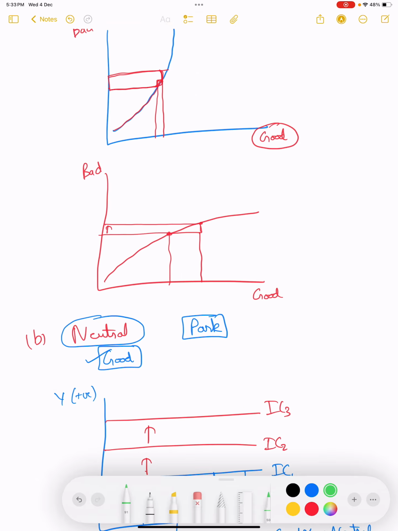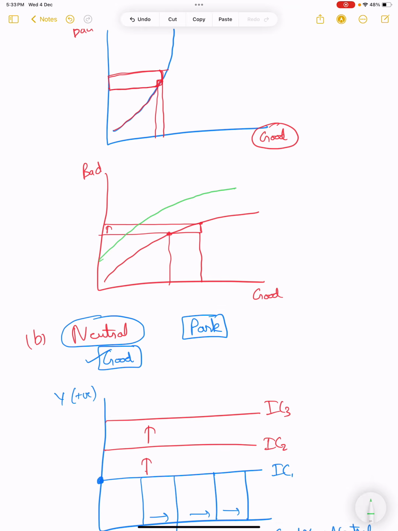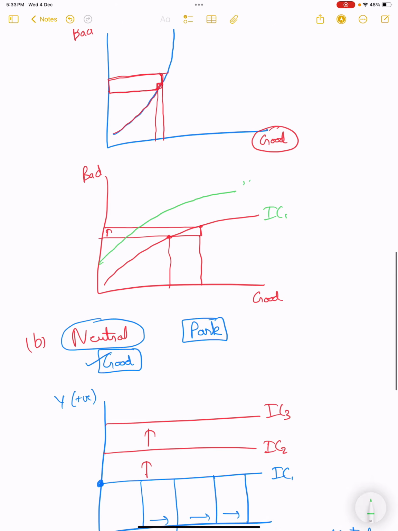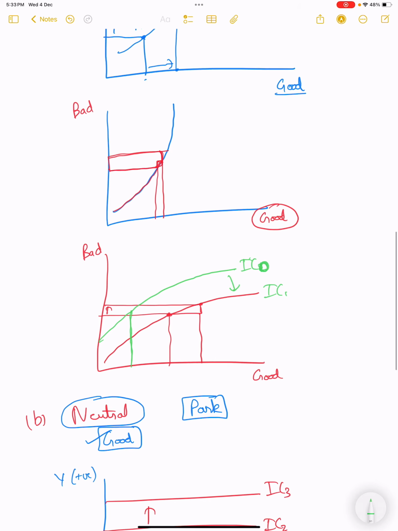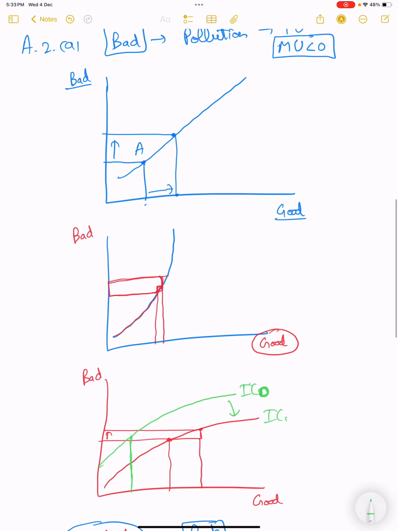In this case as well, these curves would show a higher indifference curve, because the amount of good is the same and the bad has increased, so this would show a lower indifference curve and this would be a higher indifference curve. Similarly, we can see this is the good which gives you a higher satisfaction.